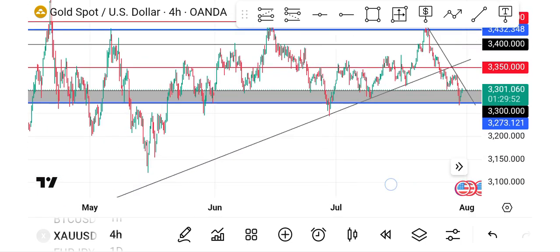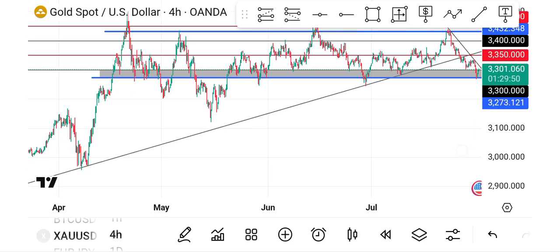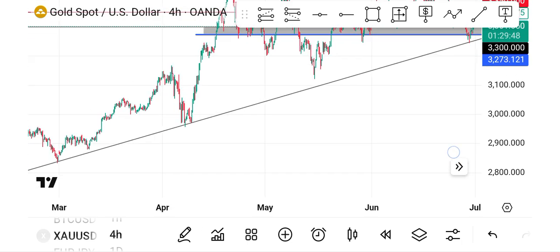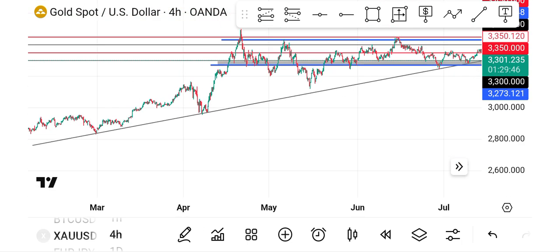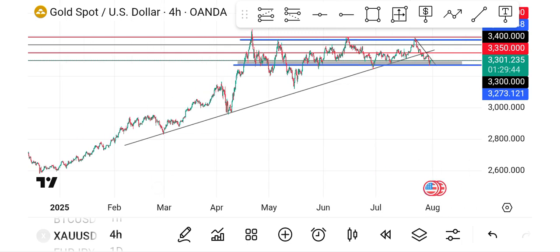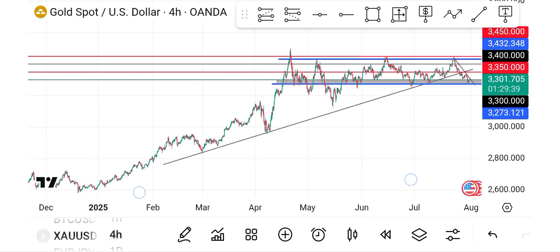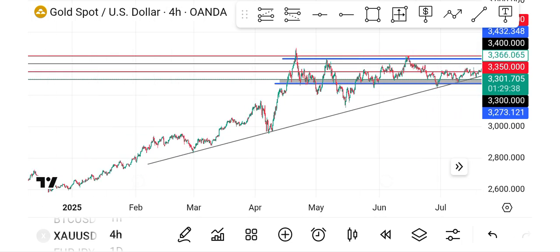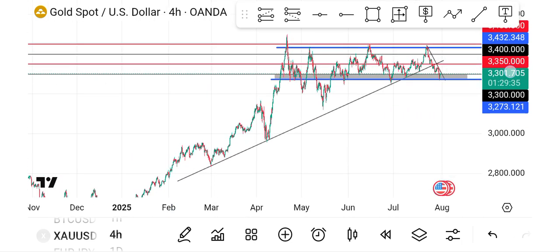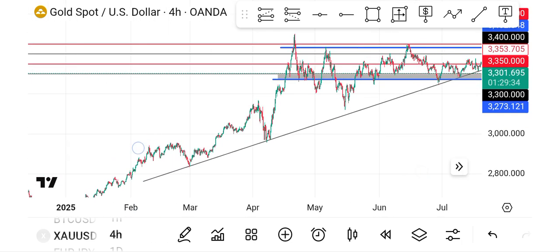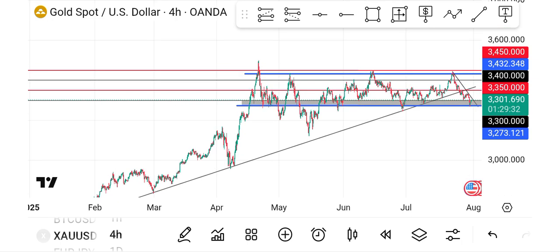So first off, I'll start by explaining what trend lines are. Trend lines are diagonal lines of support and resistance drawn on any currency pair, works on any currency pair on the charts that enables us know the direction of the trend or direction of the market rather.